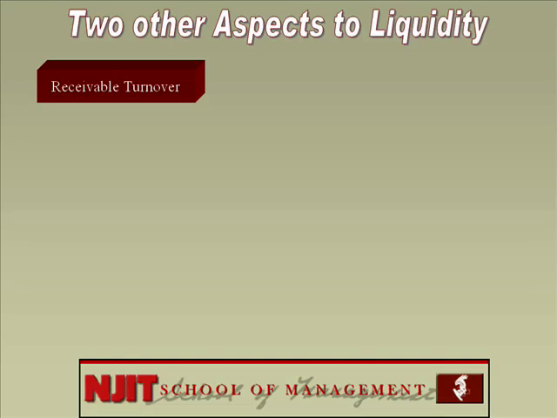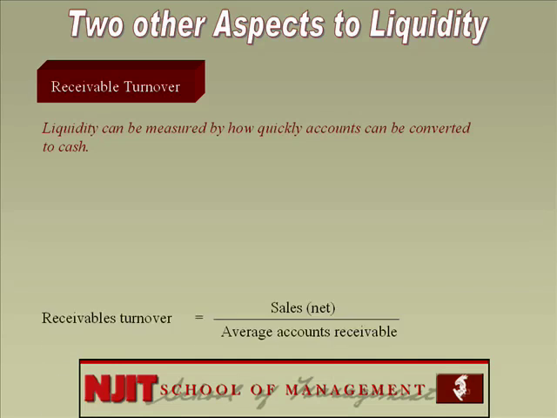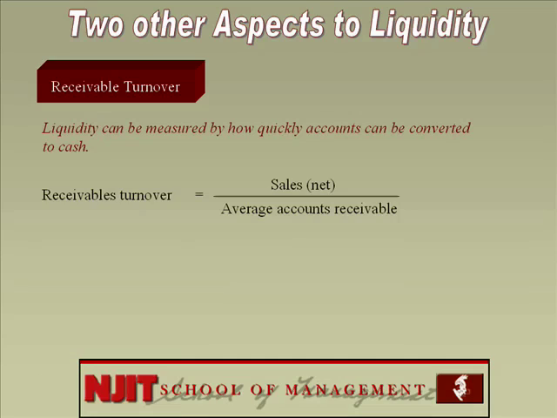What does the receivable turnover ratio do? It measures how quickly accounts receivable is converted to cash. Here's the formula. Receivable turnover is sales over average accounts receivable.